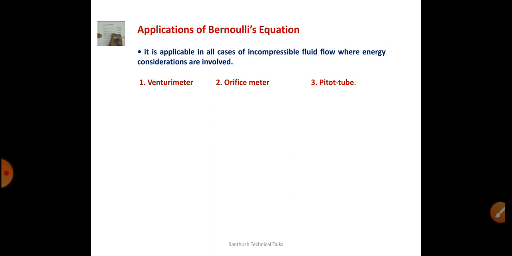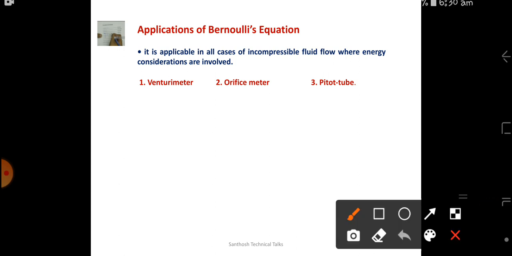The applications like Venturimeter, Orificemeter, and Pitot tube are the major applications of this equation. Here we are going to discuss one by one how the Venturimeter looks, how the Orificemeter looks, how the Pitot tube looks, and the difference between the Orifice and Venturi. All those things we are going to discuss.